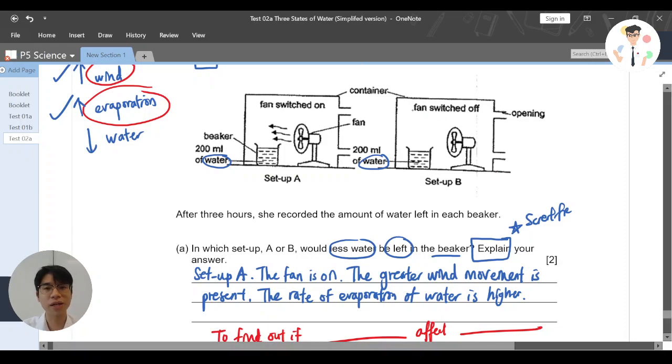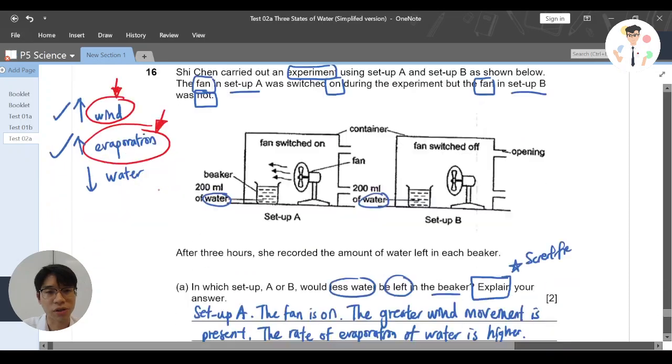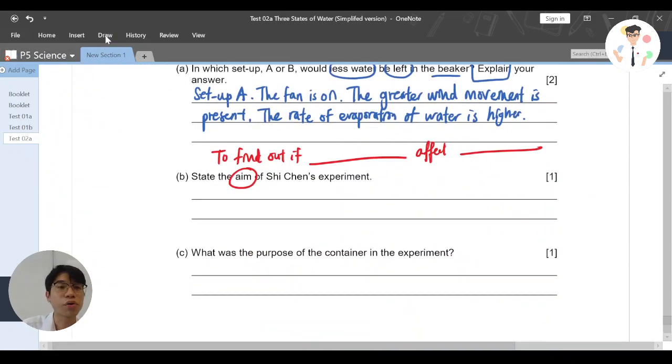But you cannot just say whether the fan is switched on or switched off. The key word here is the presence of wind. Affect the result is what? The rate of evaporation. So how are you supposed to write?